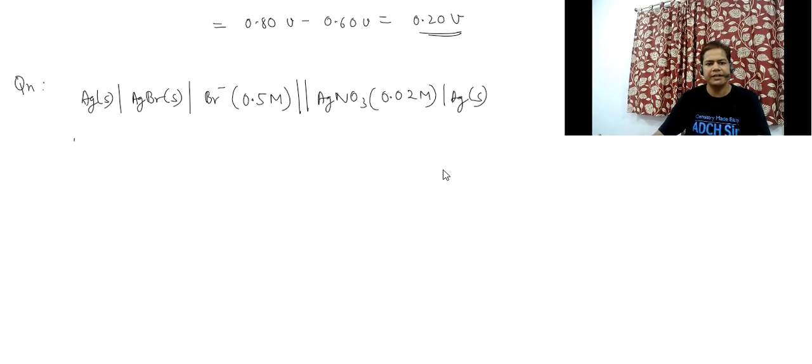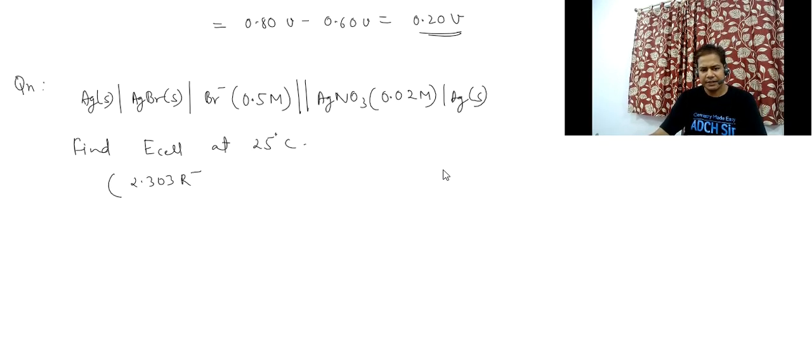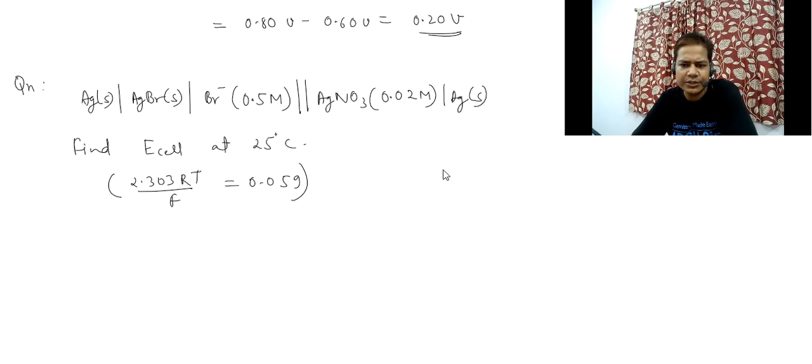We have to find the EMF of the above cell at 25 degrees Celsius. Take 2.303 RT upon F as equal to 0.059. Let us find the EMF of this cell. I will be explaining the calculation of EMF of this cell by two different methods.